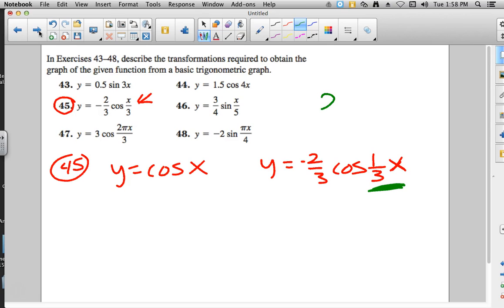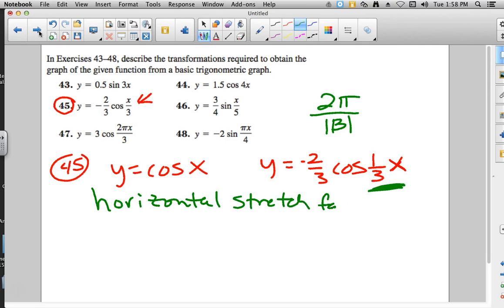Because remember, our formula for the period is 2 pi over the absolute value of b. So if b is 1/3, we're going to have to multiply by the reciprocal, which would actually be by 3. So it would take a horizontal stretch, factor of 3.